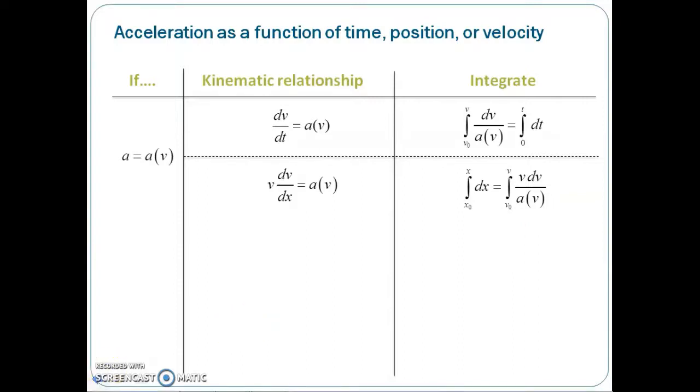So by now, we should be able to make use of these kinematic relationships that we have discussed so far to relate the position, the velocity, the acceleration, and the time of a particle. From there, we can find its trajectory, its velocity, its acceleration at a particular instant of time.